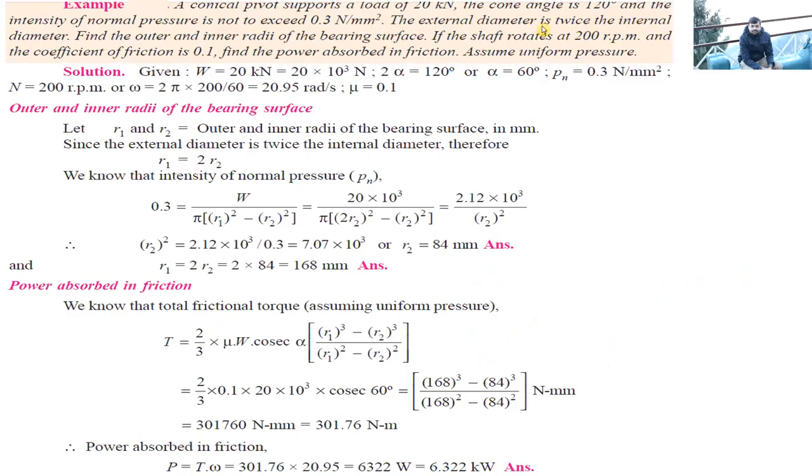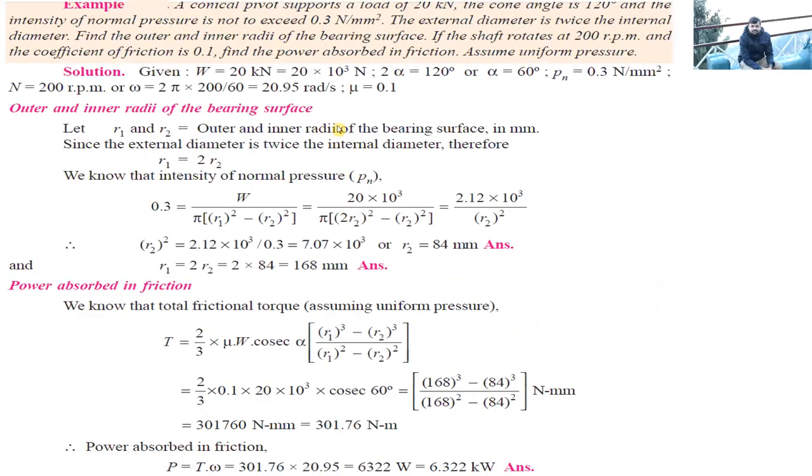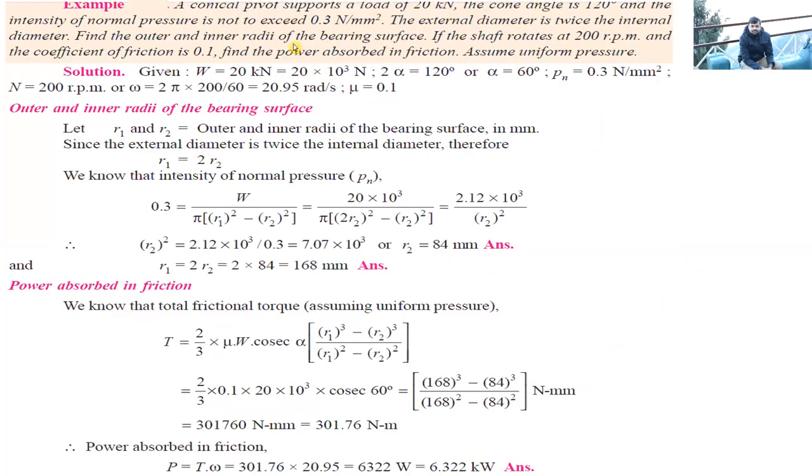Now the external diameter is twice the internal diameter. It is not mentioned as a truncated or trapezoidal conical bearing, but since the relation of the inner and outer radii is given to us, we can clearly assume this is the question of a trapezoidal conical pivot bearing.